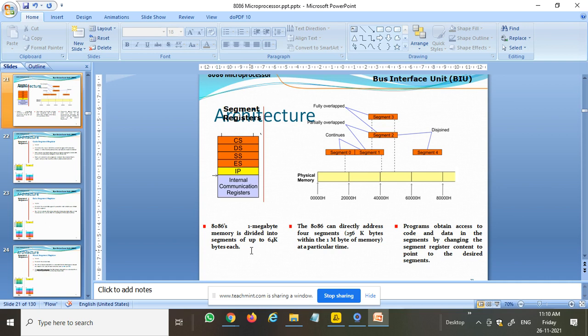Each segment is 64 kilobytes, and the 8086 can directly address four segments, which is 256 kilobytes within the one MB of memory at a particular time. The program accesses code and data in a segment by changing the segment register content to point to the desired segment.